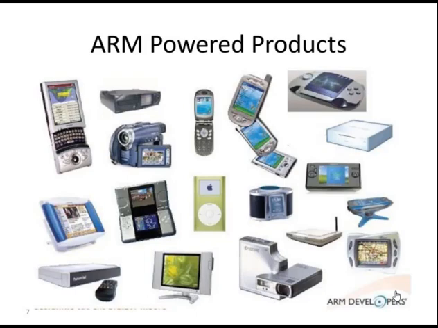These are some examples of ARM powered products, like the smartphone, digital camera, and pager. Everything is an example of this ARM7 processor.